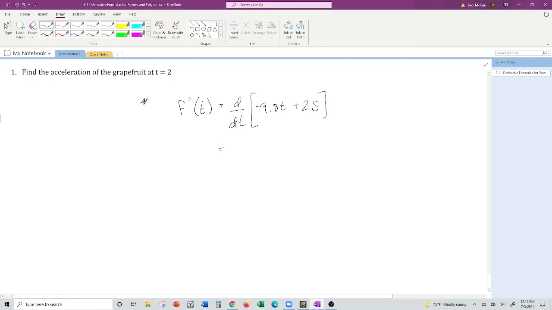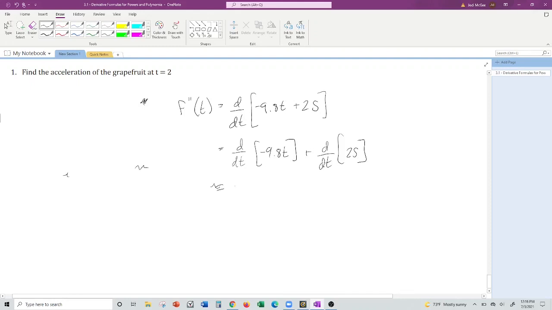If we split this into two different derivatives, we have the derivative of negative 9.8t plus the derivative of 25.